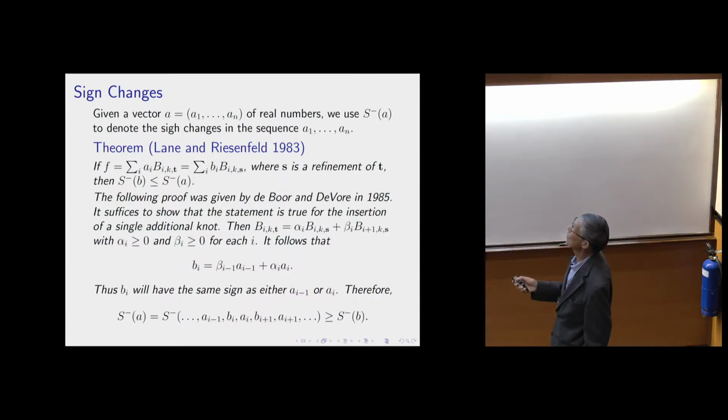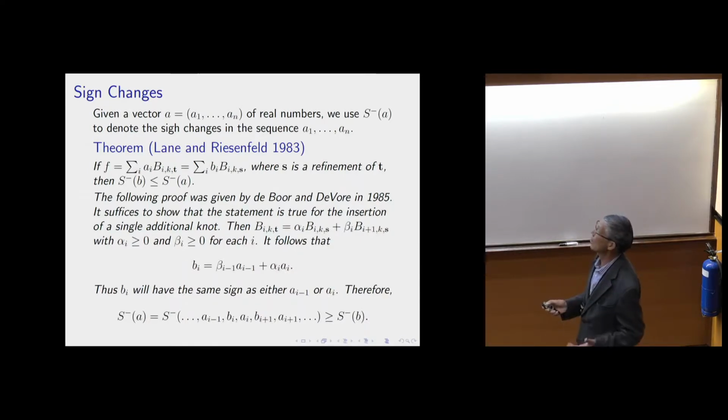Then we conclude that the sign changes of the B sequence is no bigger than the sign changes of the A sequence. The following proof was given by de Boor in 1985.